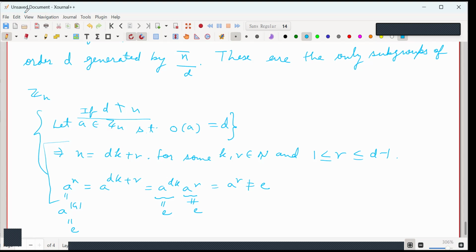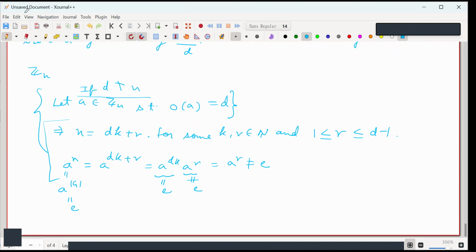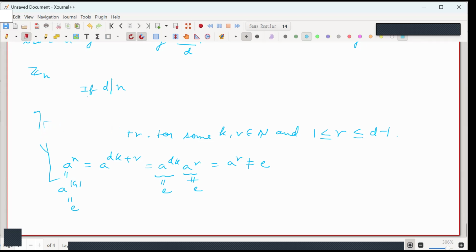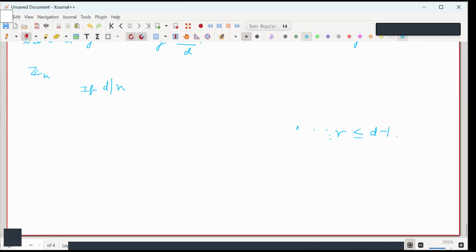Okay. So, say d is a divisor of n, right? Now, what are the elements which will have order d? Given any n and any divisor d of n, what are the elements which will have order d?